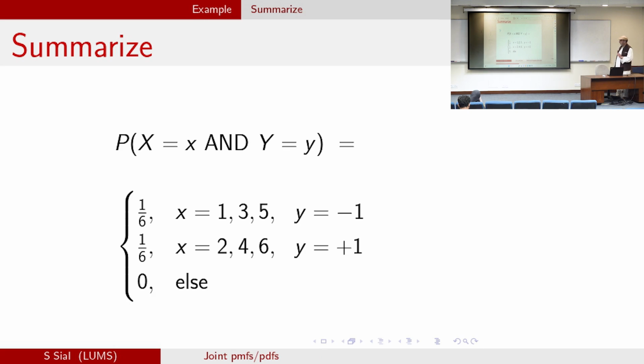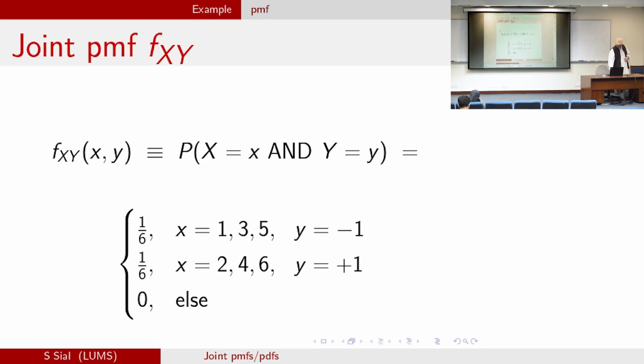Right? There's a 1/6 possibility that x is 2, 4, or 6 and y is equal to +1. And there's no other possibility. Is that okay? Well, that's basically our joint PMF for x and y.